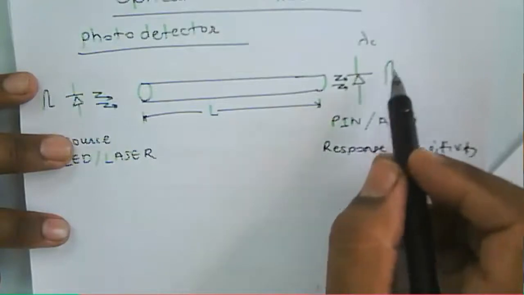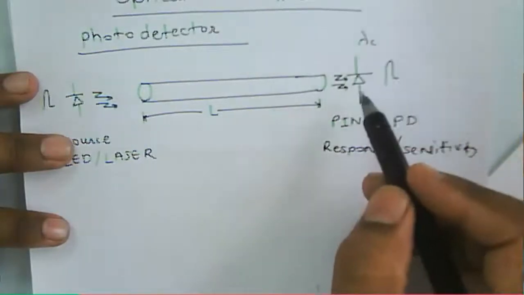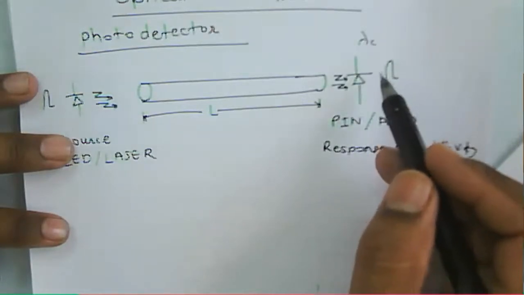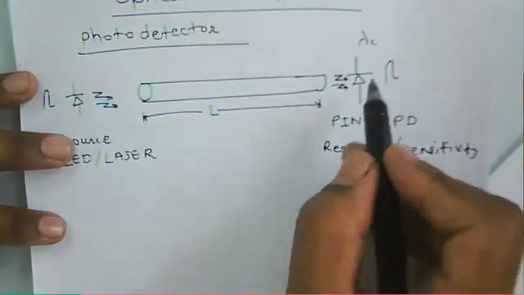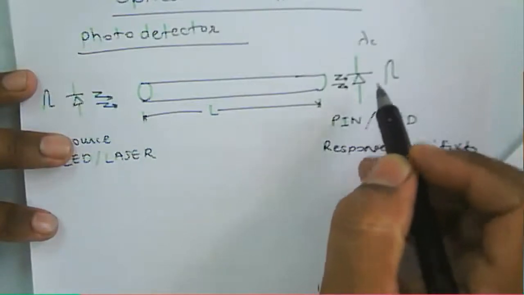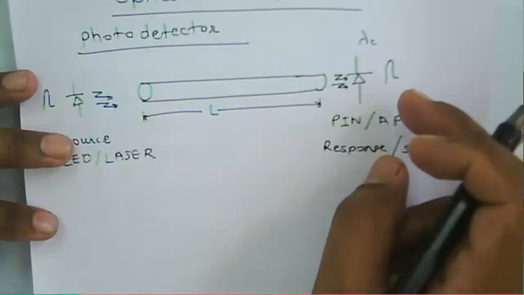At any condition the detector should work, even if any change or variation in temperature occurs, or your device should work for a lifelong period. So we should know the operating life of that detector.